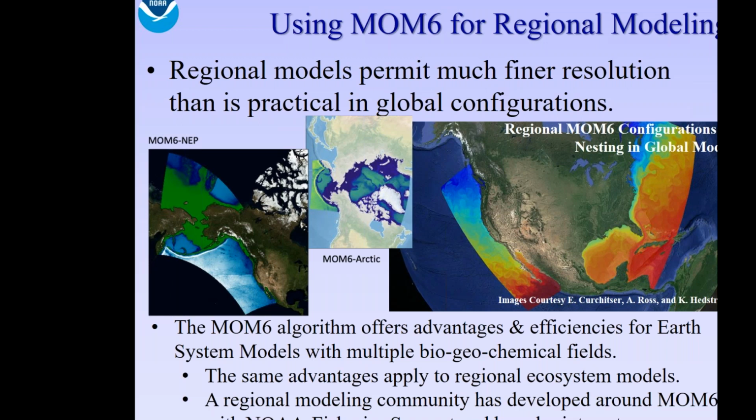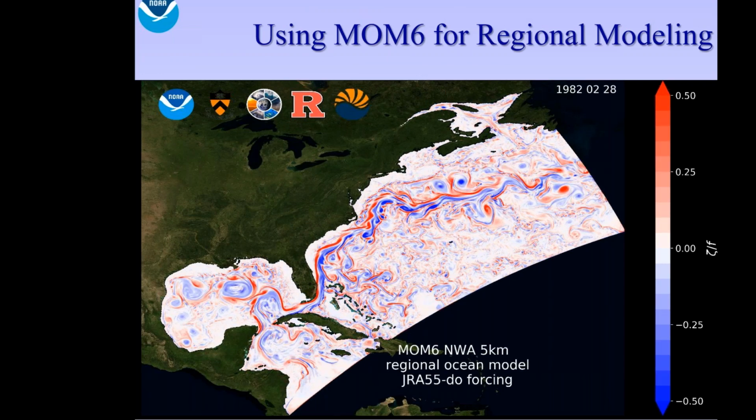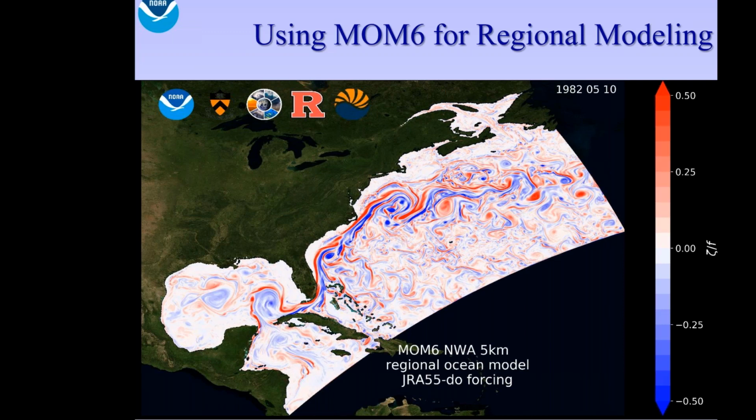Again, because you don't have to use the short time step dictated by the dynamics for all of the tracers, and the number of tracer fields in a comprehensive ecosystem model gets to be quite large, to the point where if you don't have this difference in the time steps, the ecosystems vastly dominate the costs of your calculations. And this is one example of this fairly high resolution regional application of MOM6.